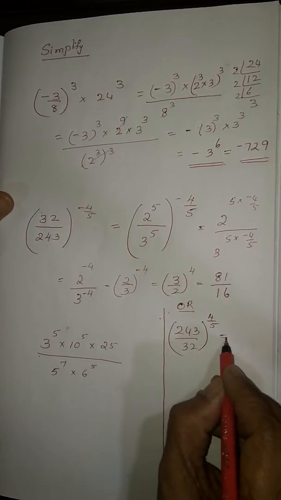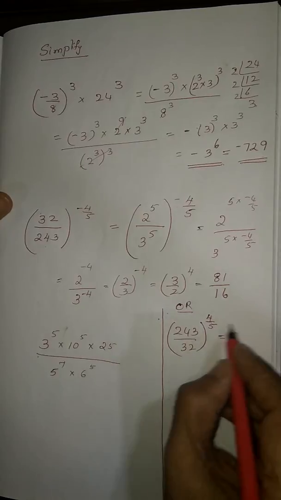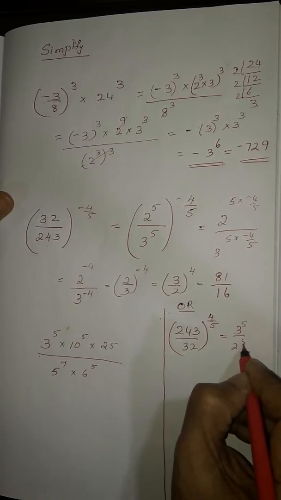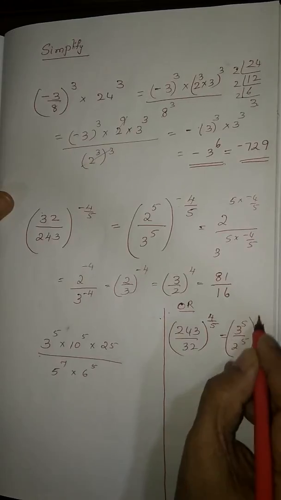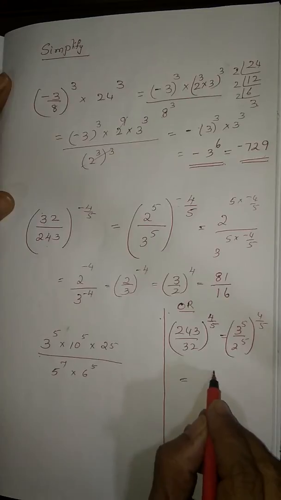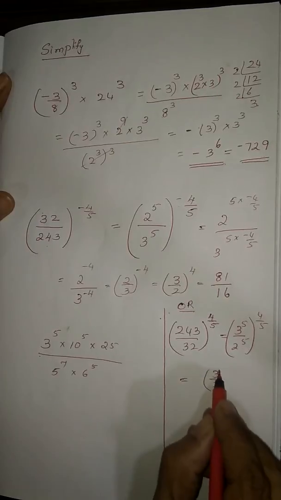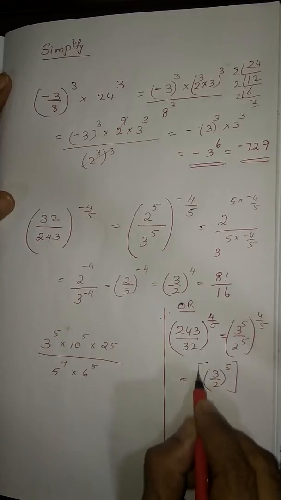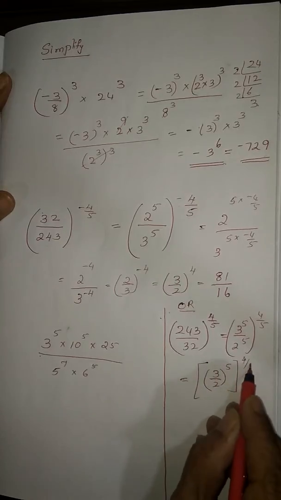So this I will write as 243, 3 to the power of 5 by 2 to the power of 5, the whole to the power of 4 by 5. This also can be written as 3 by 2, the whole to the power of 5, the whole to the power of 4 by 5.